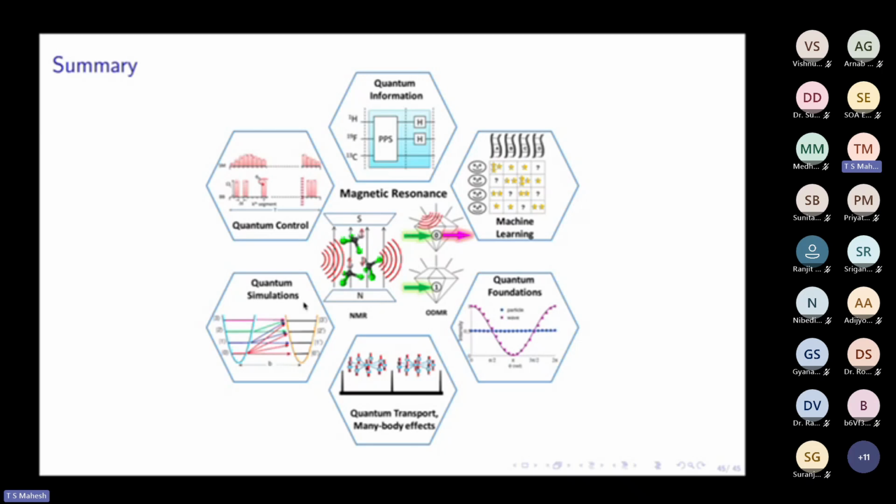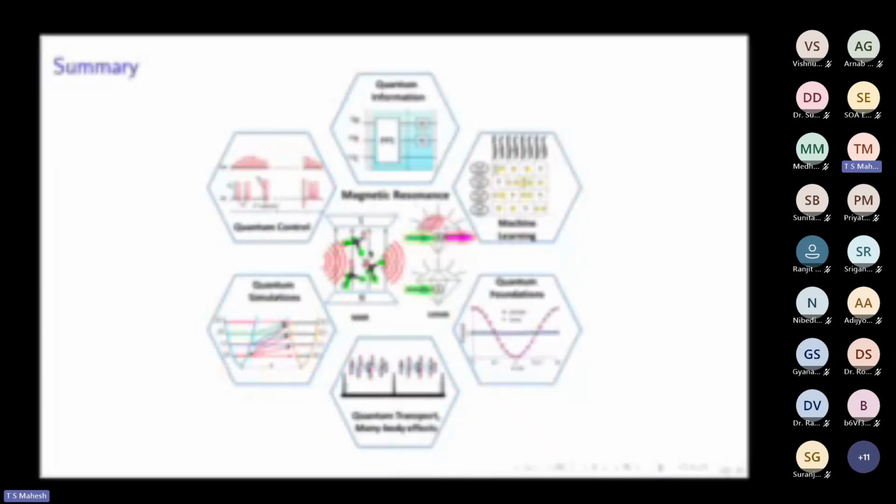So we can realize very interesting and very precise quantum dynamics, and then we can measure the states in the form of NMR signals. From that we can study the properties of the spin system as well as the properties of the algorithms or the physics of quantum dynamics.